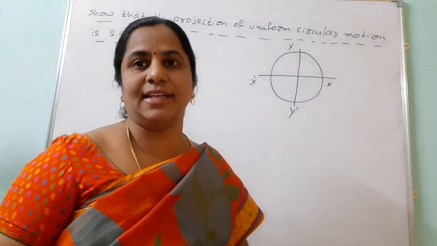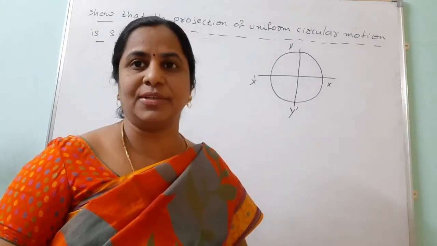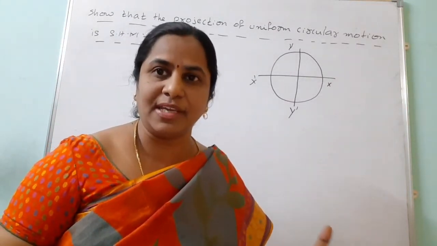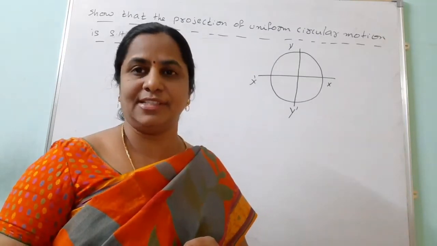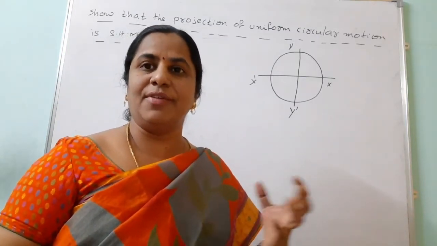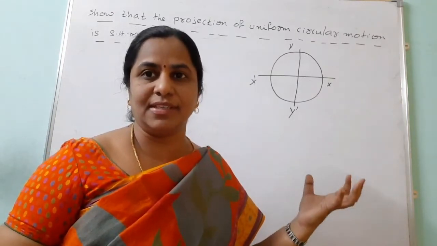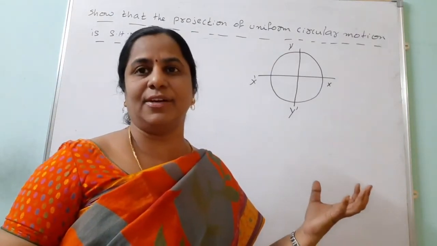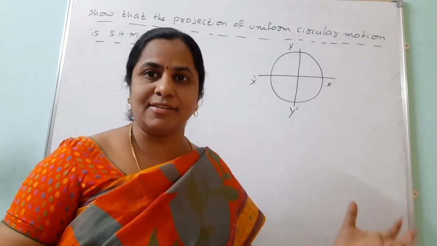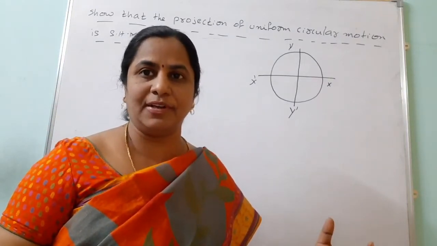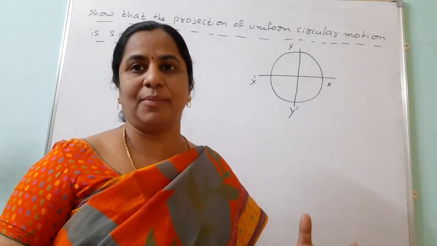If the acceleration is directly proportional to the displacement, when the body is having periodic motion, it is called simple harmonic motion. Where should we observe simple harmonic motion? Already I said in previous classes, when the earth is revolving around the sun, in the case of a swing, and in our lab simple pendulum, all belong to simple harmonic motion.